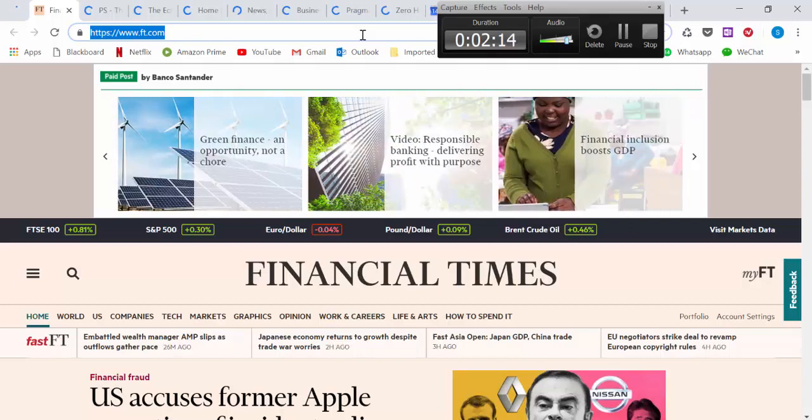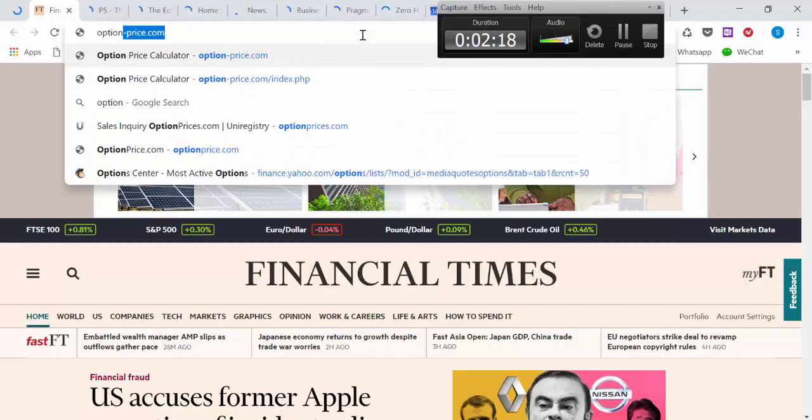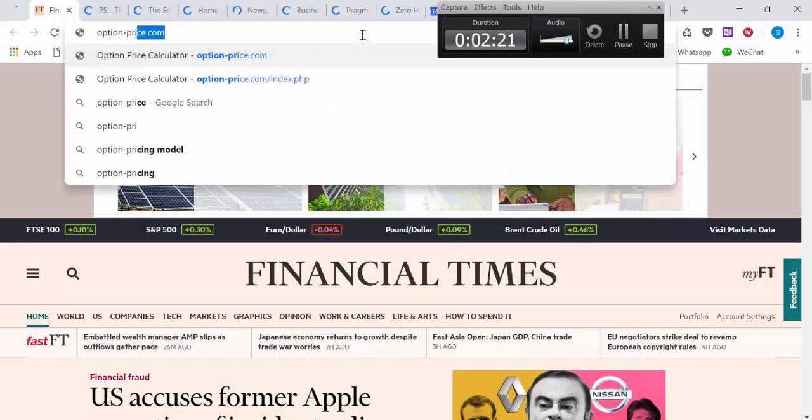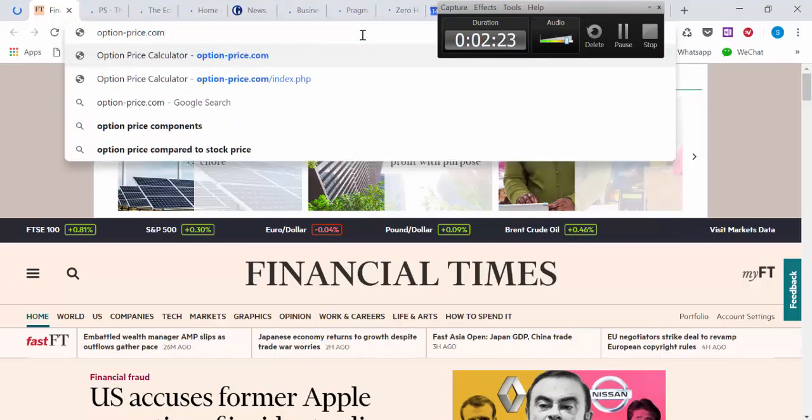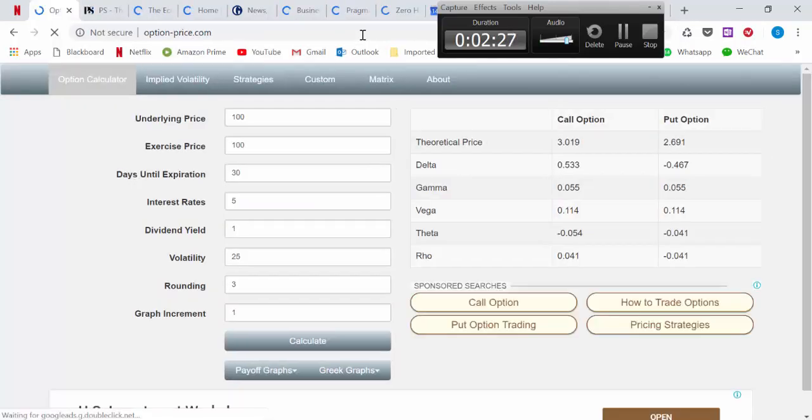Very simple question, okay? So if we go to optionprice.com, now you've seen this 100 times, and here is an option where you are pricing something at the moment, which is $100, and the strike is 100, and it has 30 calendar days to expiry.